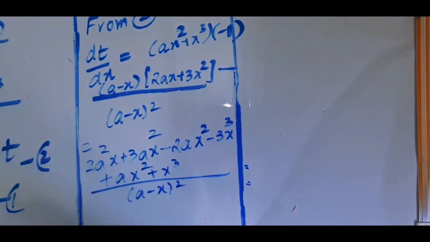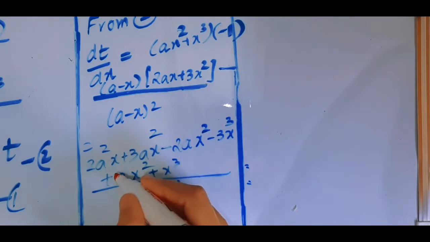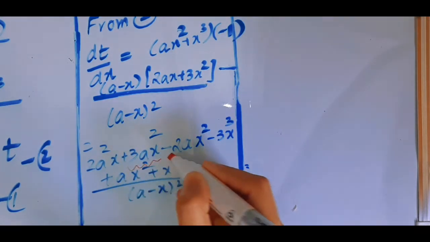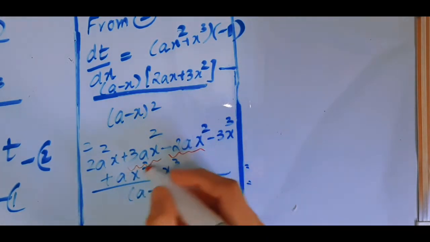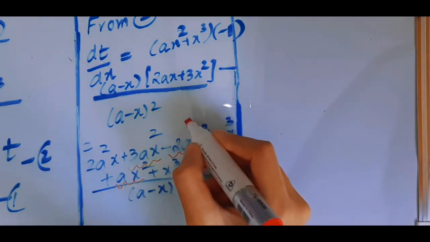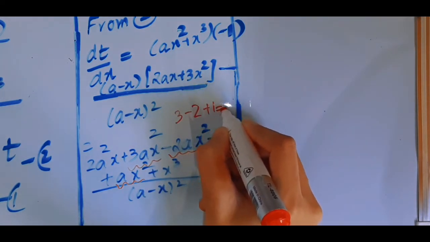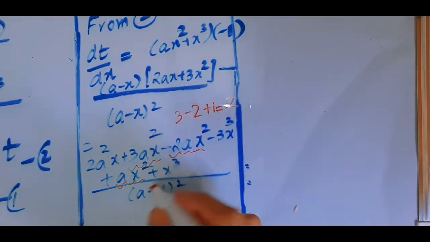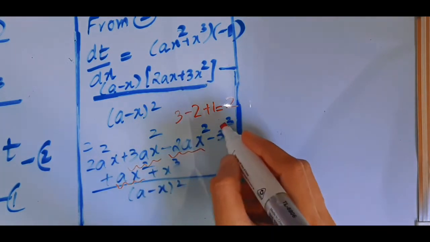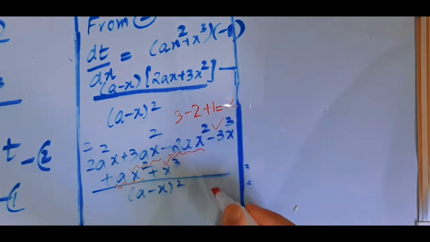And we have to just simplify it. So we have 3ax square minus 2ax square and plus ax square. 3 minus 2 plus 1 is equal to 2, and we have x cube minus 3x cube plus x cube, which will be equal to minus 2.